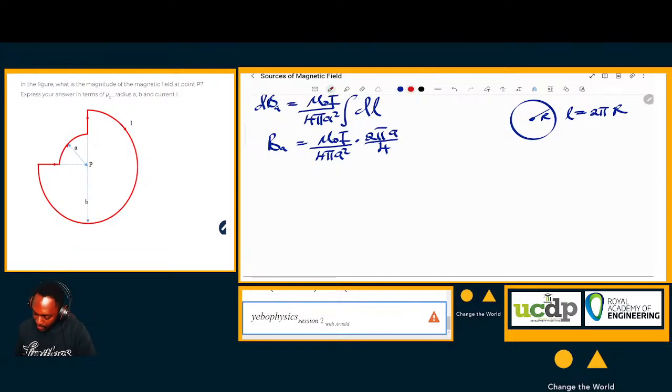Then you can cancel like terms. You can cancel the pi, you can cancel the A, you can cancel the 2.